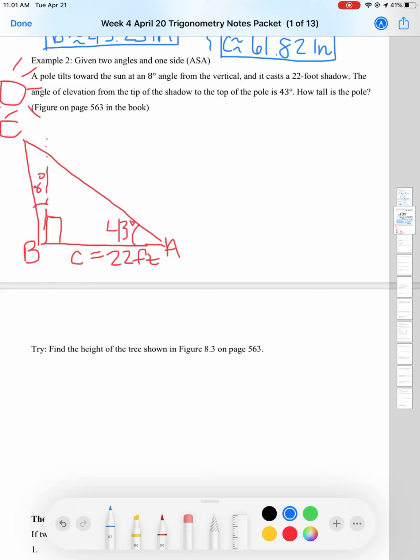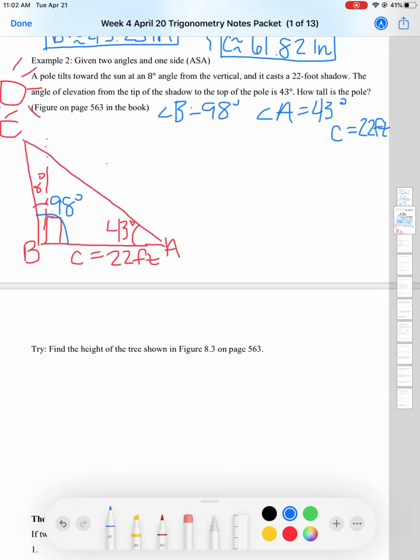But since it's 8 degrees plus the vertical, we know that angle B is 98 degrees. Angle A is 43 degrees, and C is 22 feet.